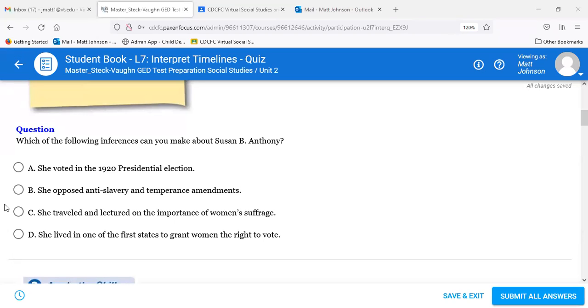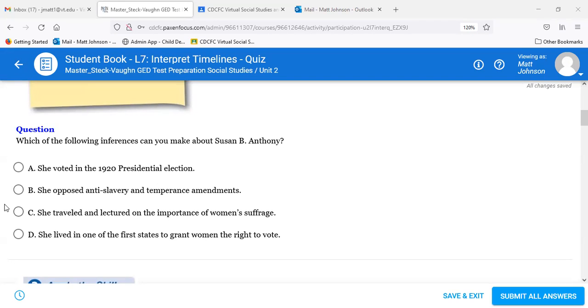Which of the following inferences can you make about Susan B. Anthony? A. She voted in the 1920 presidential election. B. She opposed anti-slavery and temperance amendment.